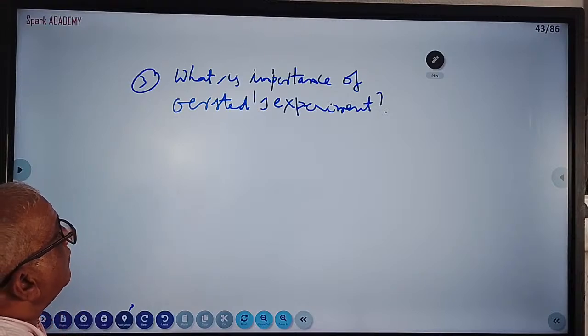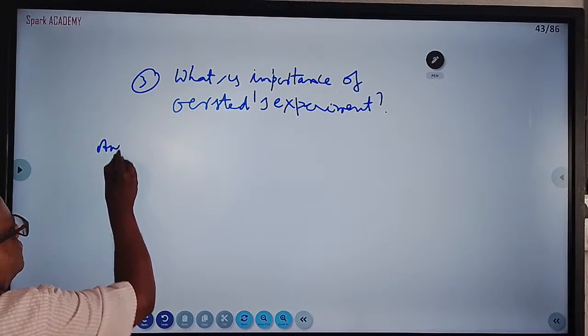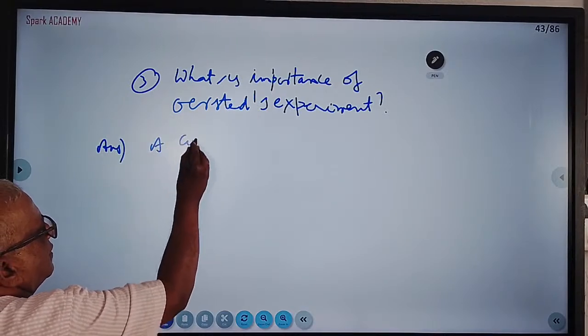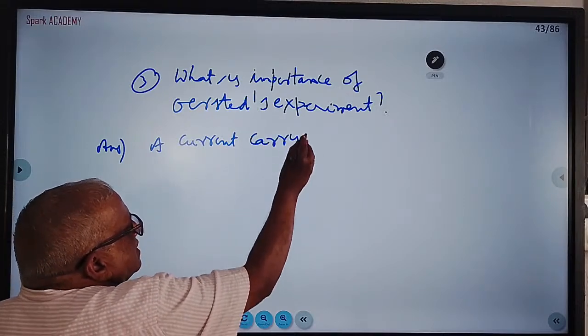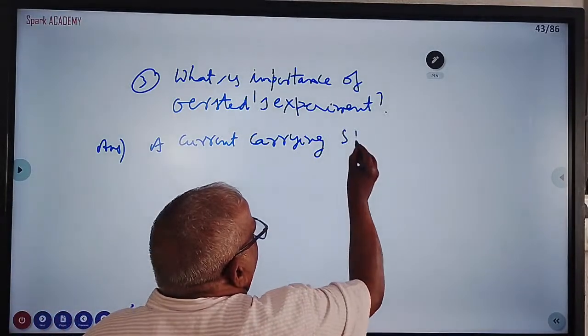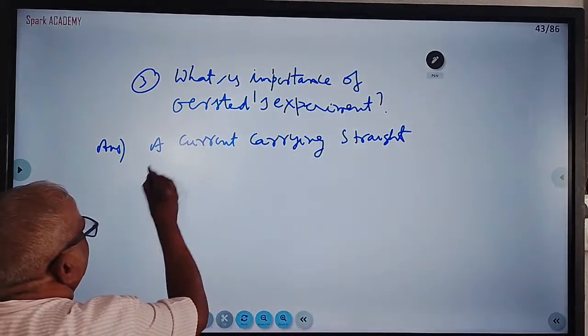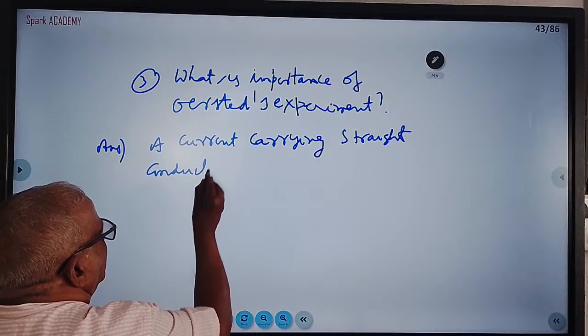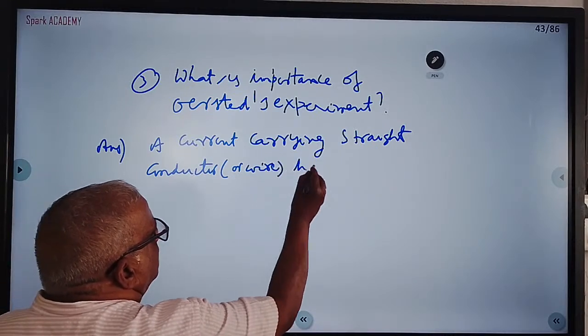So, what is Oersted's experiment? A current carrying straight conductor, or wire, has a magnetic field around it.